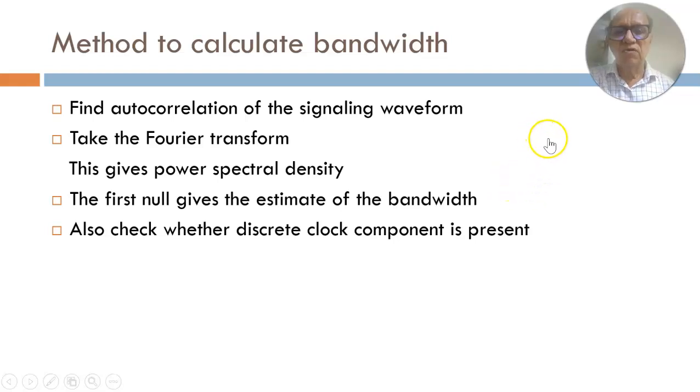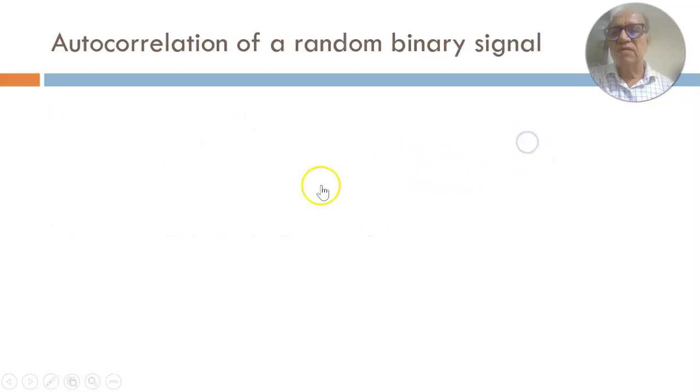Okay, so what we are going to do is to evaluate the autocorrelation for the polar signal, find its Fourier transform, look at the power spectral density, calculate the bandwidth, and so on. Alright, so let us do this.